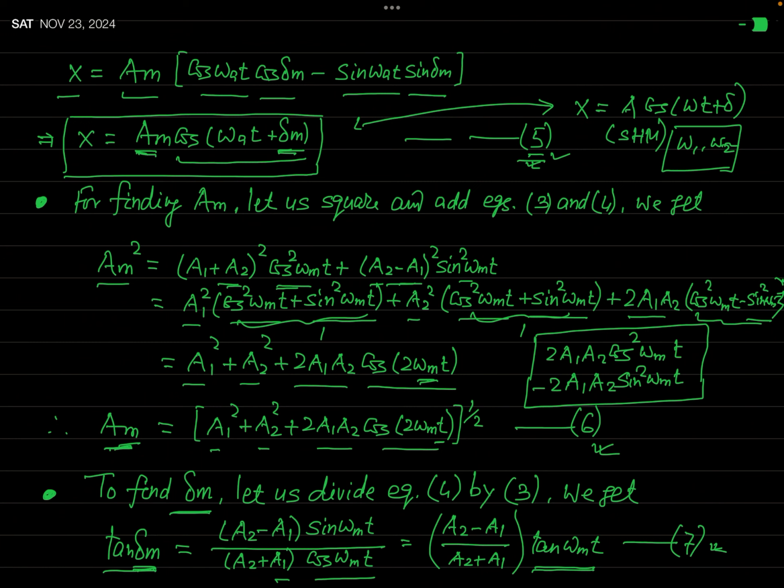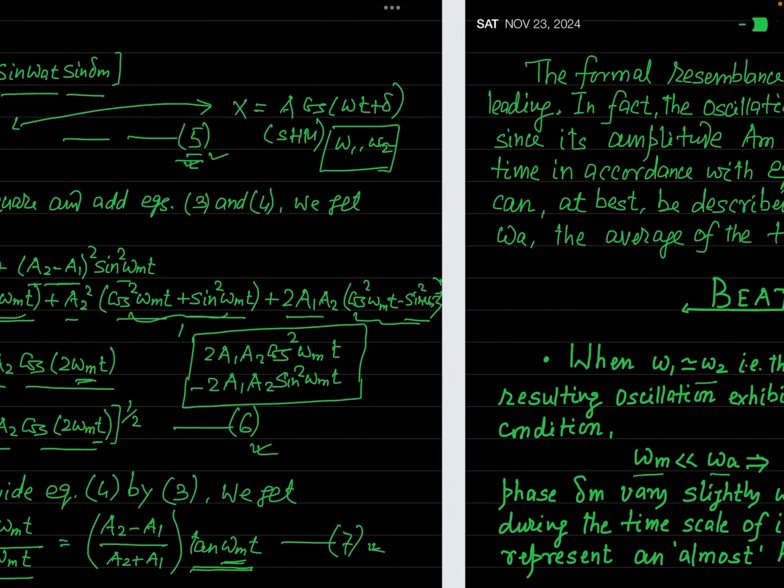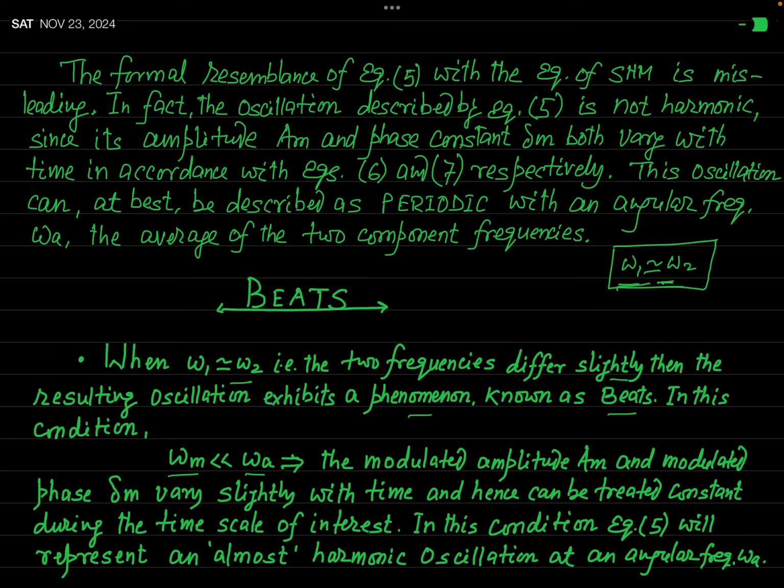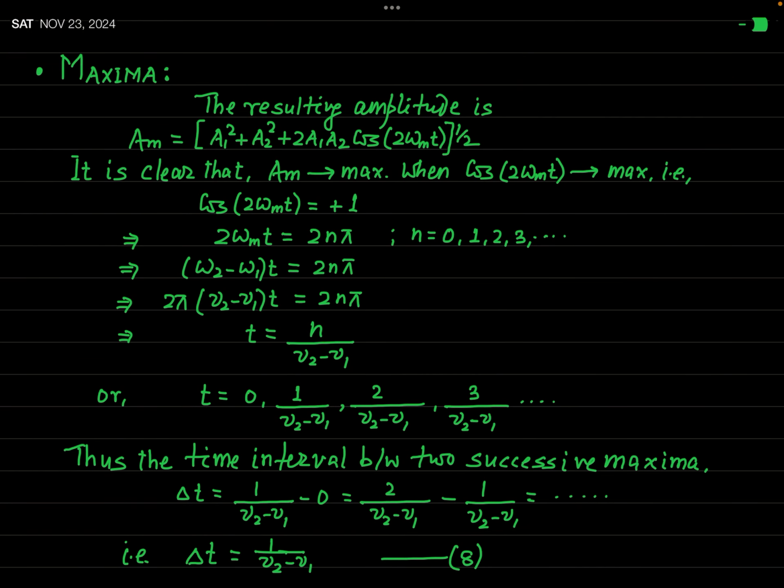In a similar manner, since omega m is very small, delta m will vary with time, but this variation will be very slight. So for the time being, in this condition you can take AM and delta m as almost constant, almost independent of time under the time scale which we will consider.